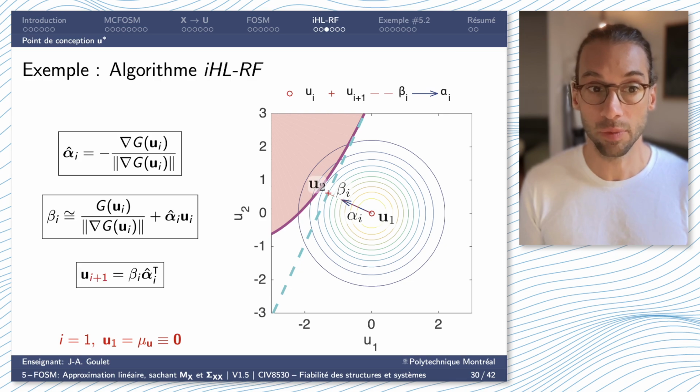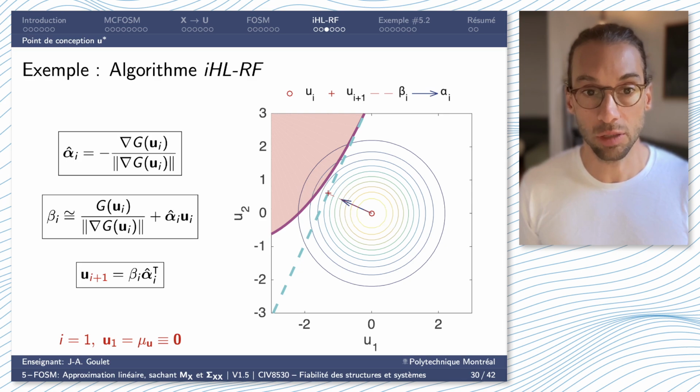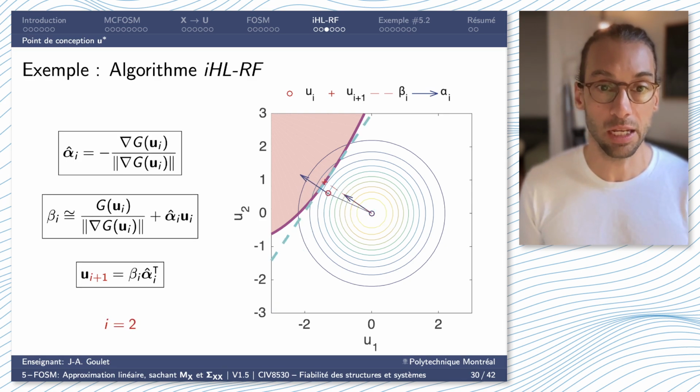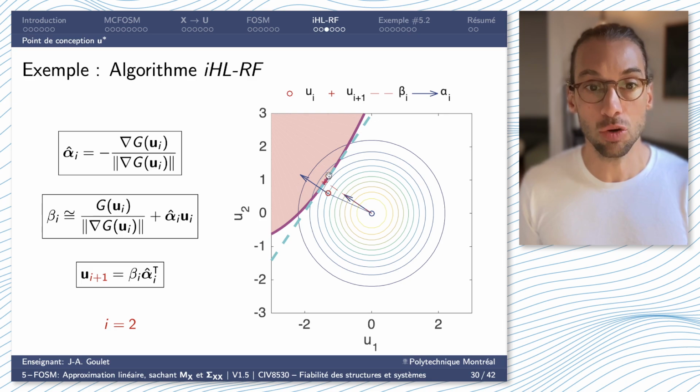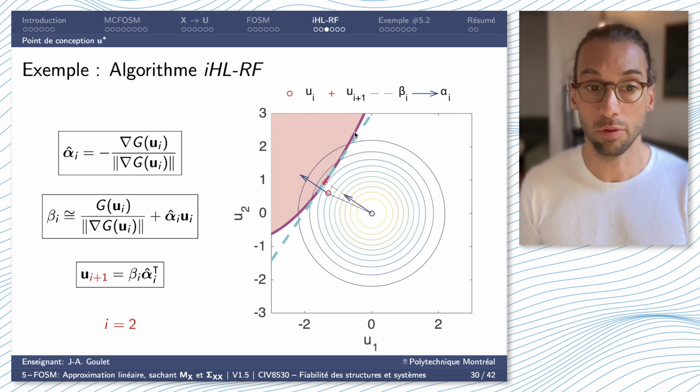We can do better. So we're going to go with a second iteration where instead of linearizing at the origin, we're going to linearize at this new point u2. If we do this, we're going to recompute the gradient, and we're going to find a new design point where we're much closer to the limit state surface. And we see that our approximation of the limit state surface in cyan here is very close to the reality.